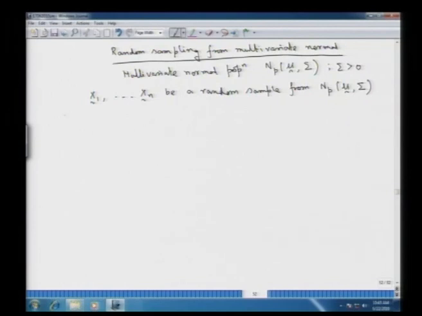Now given this random sample, the joint PDF of x1, x2, ..., xn: remember that it is a random sample and hence the xi are independent.